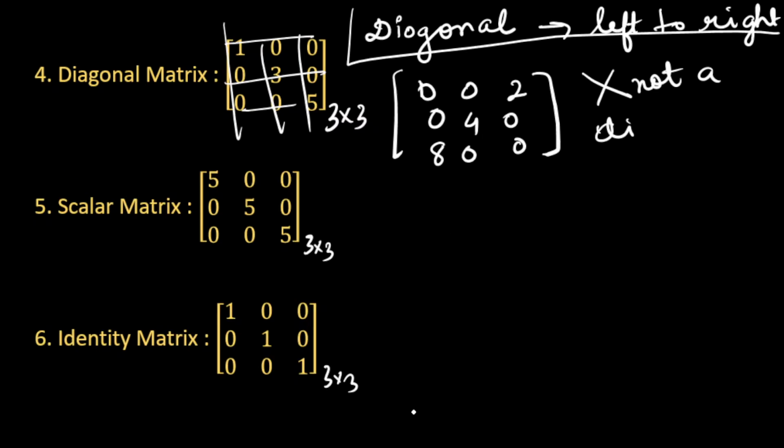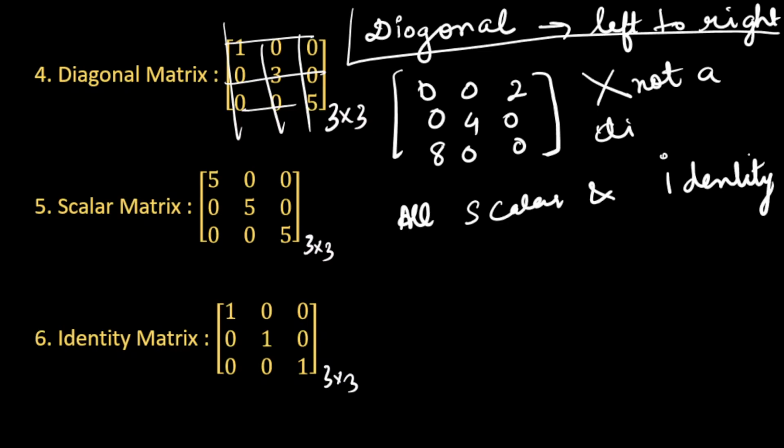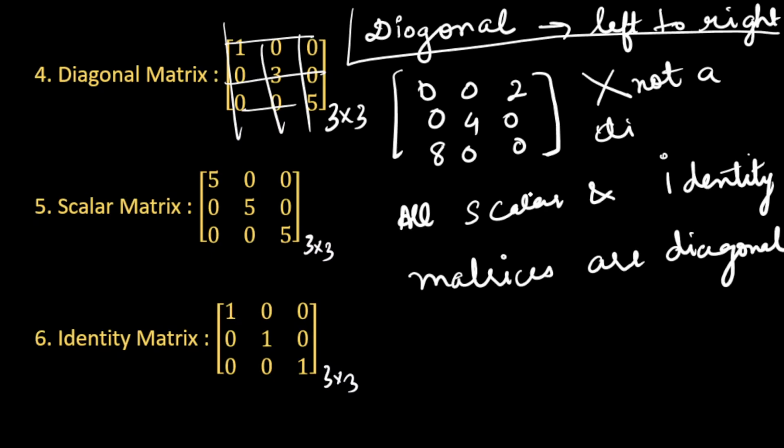If I say all scalar and identity matrices are diagonal matrices, then this statement is true.